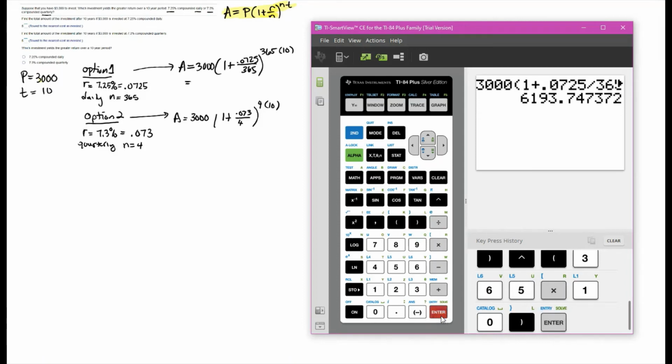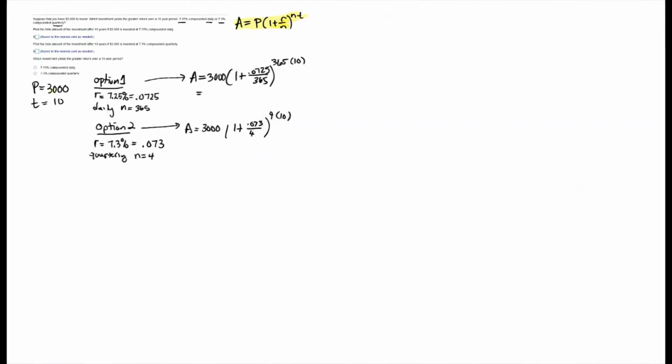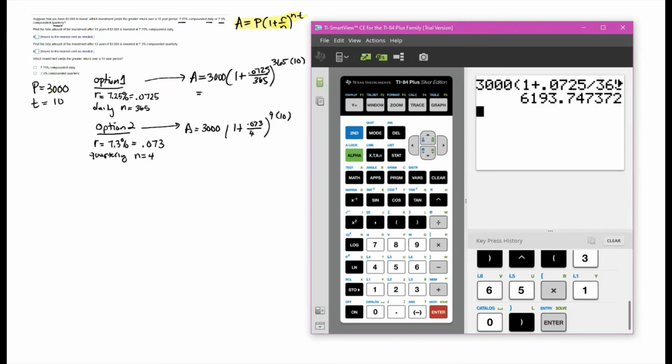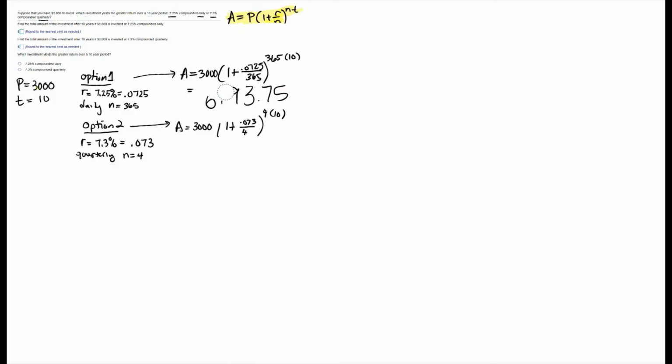And enter. All right, let me fix that. $6,193.75. We're rounding to the nearest cent.